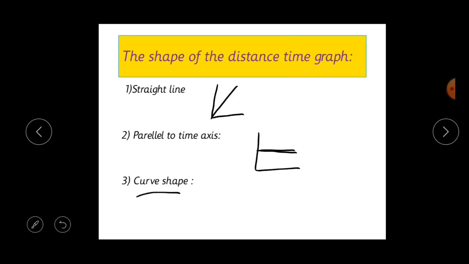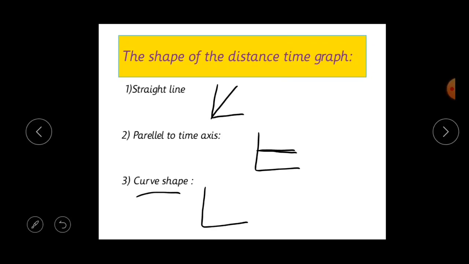Here, curve shape in the sense, we will find two curves here. Curves mean the object has a non-uniform speed. Non-uniform speed means what, children? Now, I just told you. If the speed of an object moving along a straight line keeps changing, that is called non-uniform motion.